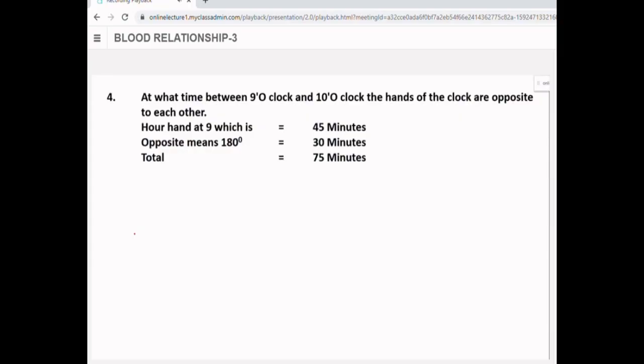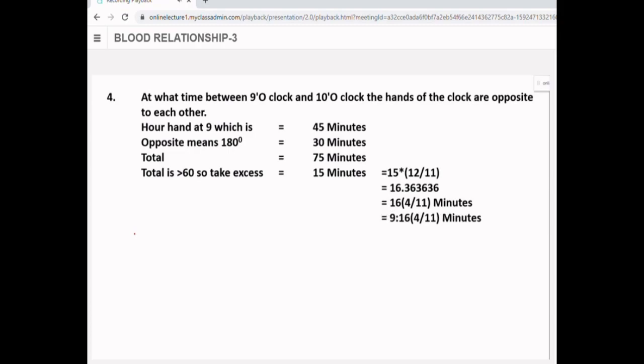This is the excess over 60, so 15 minutes. 15 into 12 upon 11 comes to 16.3636. So it is 16 and 36 is 4 upon 11. 16 and 4 upon 11 minutes. Now let me add hours. So final answer is 9 hours, 16 and 4 upon 11 minutes.